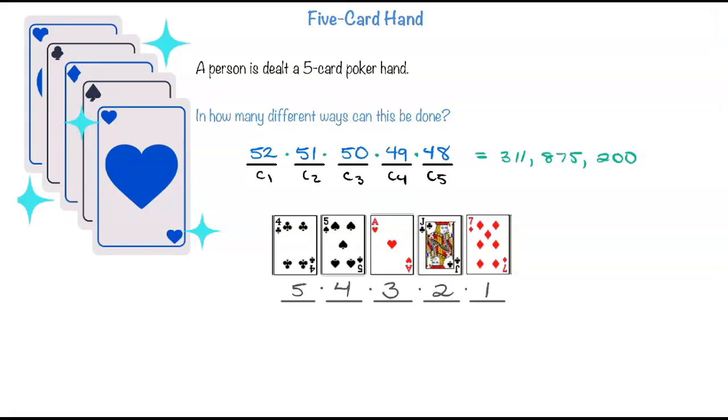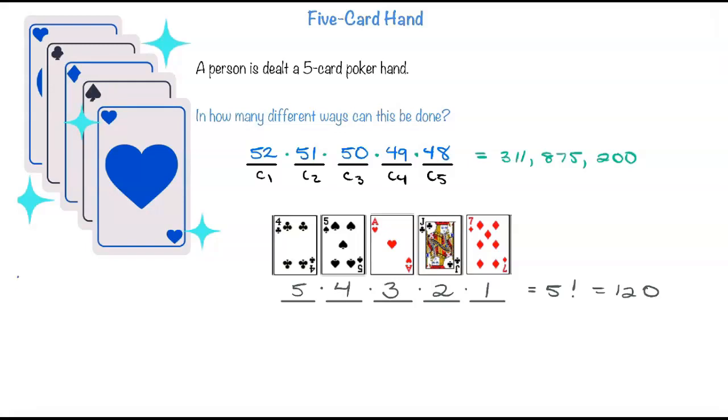This means that every hand of 5 cards could be reordered in 5 factorial different ways, or a total of 120. That's 120 different orderings per hand of 5 cards. So now let's recalculate how many different ways this can be done. In our number of 311 million, every group of 120 is a repeat.